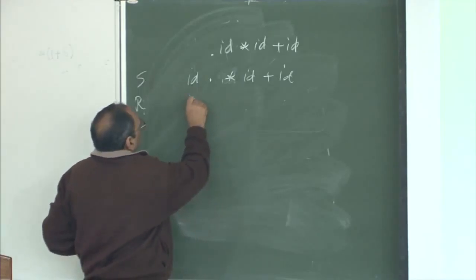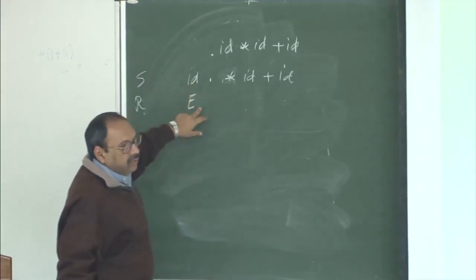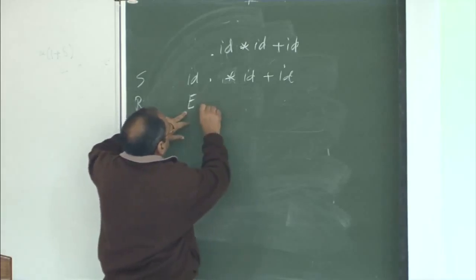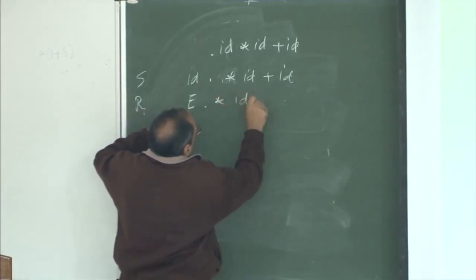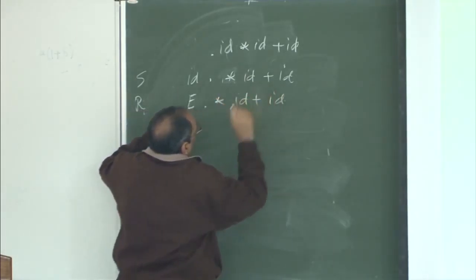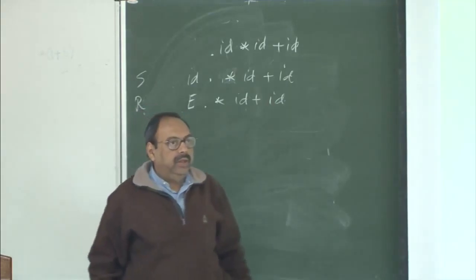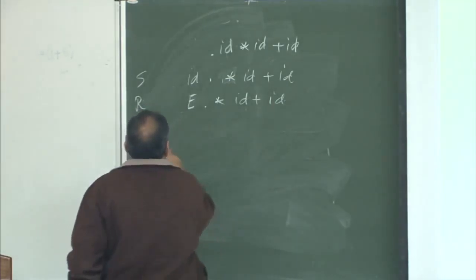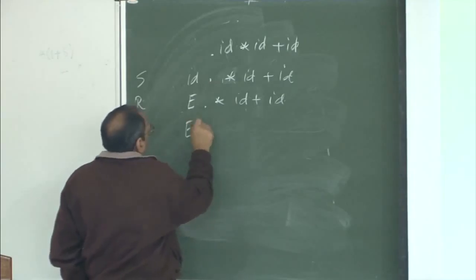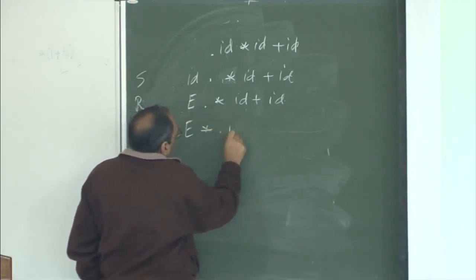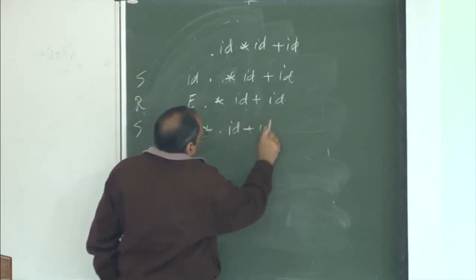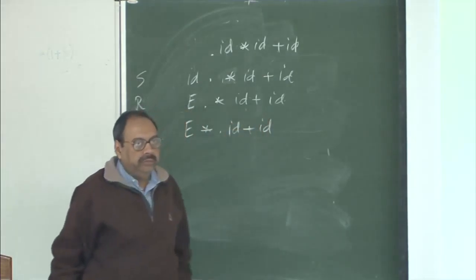So my reduce action says that ID gets converted into E and my configuration remains this. Now once again I do a shift action and I say that E star dot ID plus ID is the configuration.